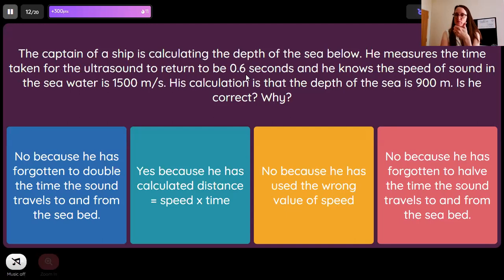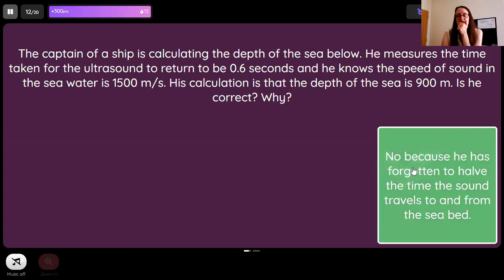So we should use 0.3 seconds. And we know that the speed is 1500 meters per second. And we know that distance is speed times time. So 1500 times 0.3 is 450 meters, not 900 meters. And the answer is no. He's forgotten to halve the time the sound travels to and from the seabed.